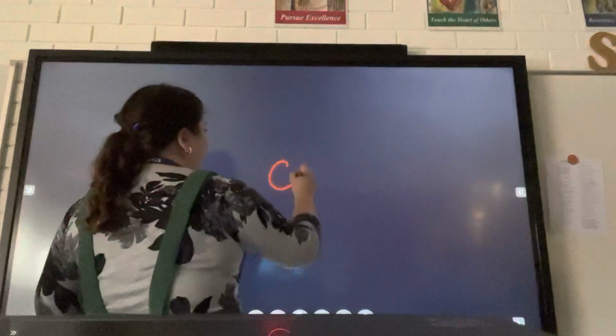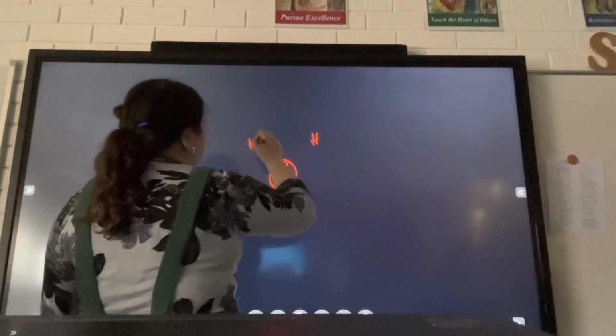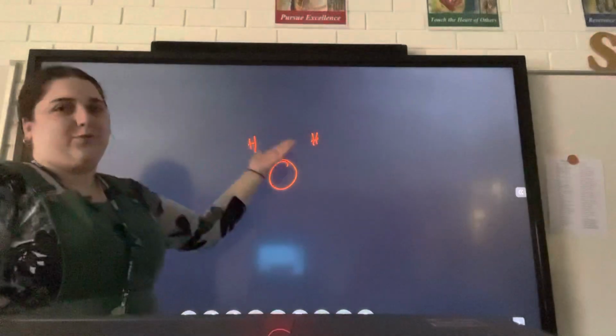Alright. Next. I know how to draw electron dot diagrams. Electron dot diagrams are a pain in the butt to do, but we're going to do them anyway. We're going to be using water as an example because it is the easiest. We have oxygen, hydrogen, hydrogen. You should all know how to draw this.